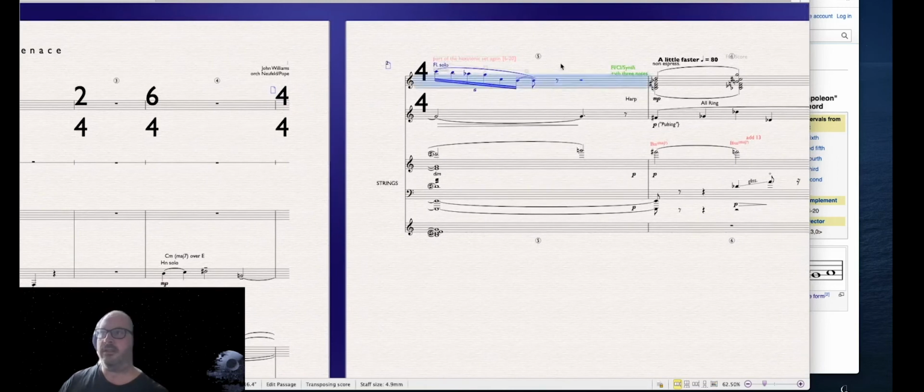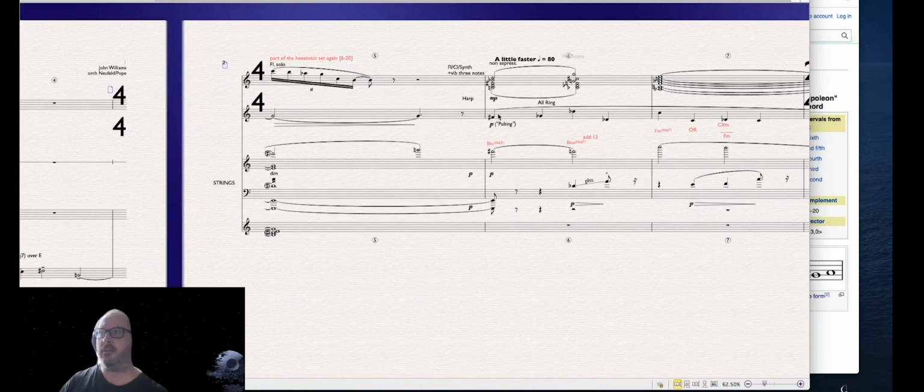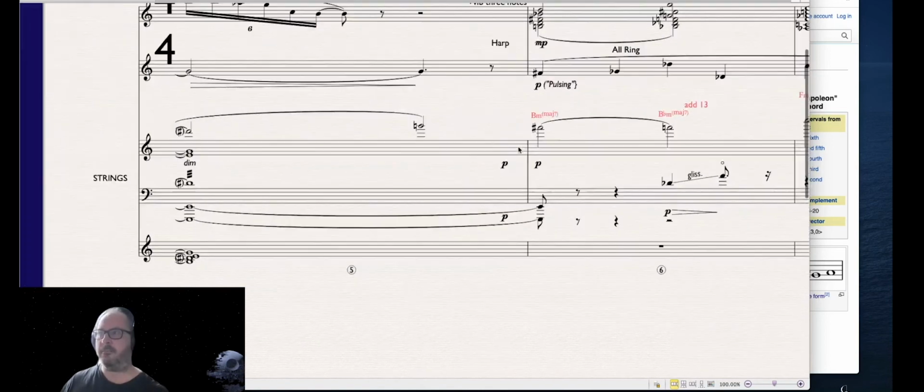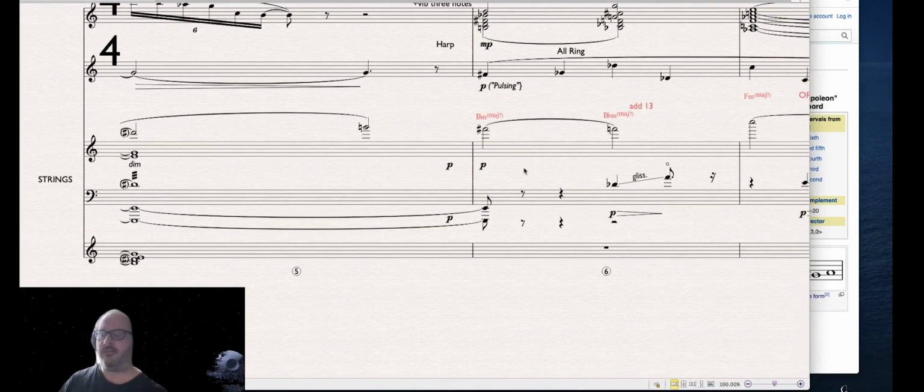We've got these little hints as the piece goes on. Then we've got, I guess you would call them more pure augmented chords. But I'm going to regard B minor with a major 7th. All of those things are augmented, really.